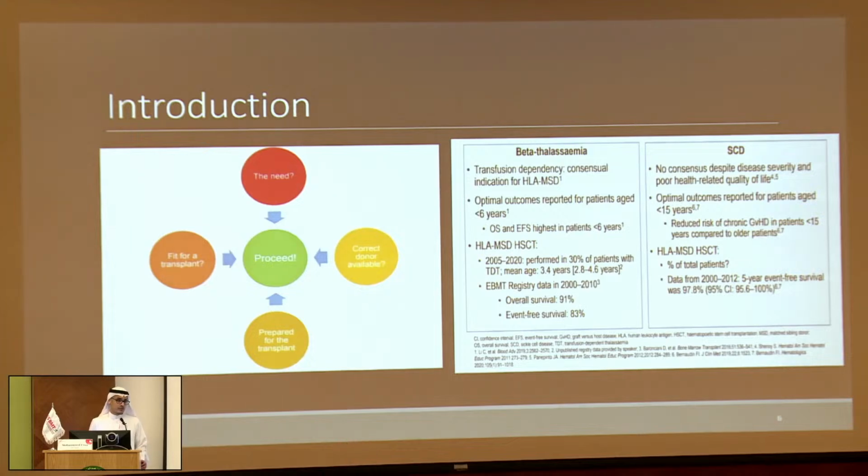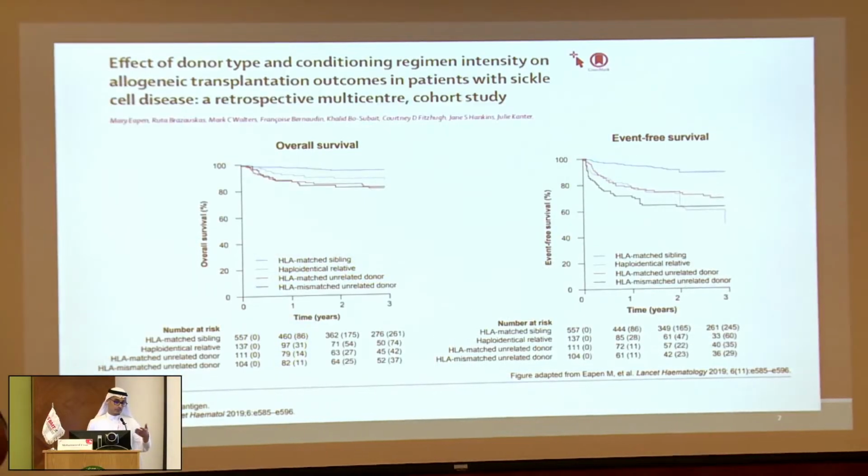Studies range from age 13 to age 15, where if you transplant earlier than that, you will have a better outcome. The usual outcome the registries have published, whether EBMT or CIBMTR, is more than 94 to 95% survival for more than 1,000 patients.